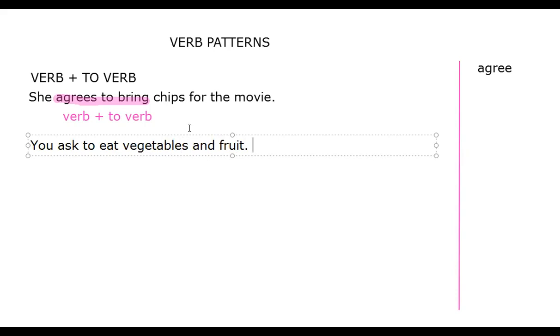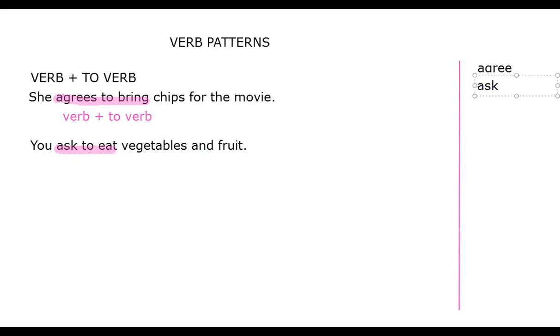Yes, ask to eat. Ask is another verb that we are going to use with to. Okay, another one.